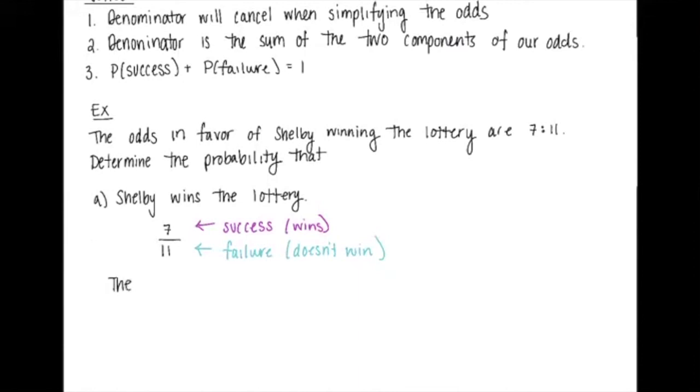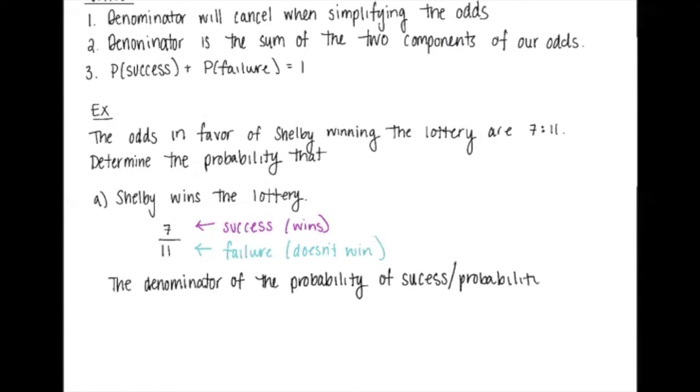So the denominator of the probability of success, slash the probability of failure, must be 7 plus 11.